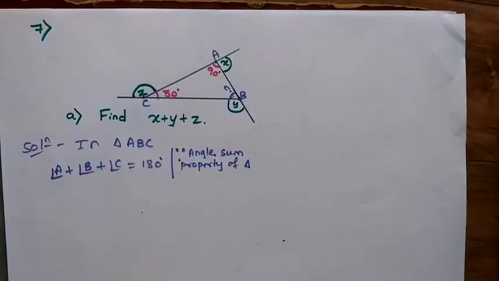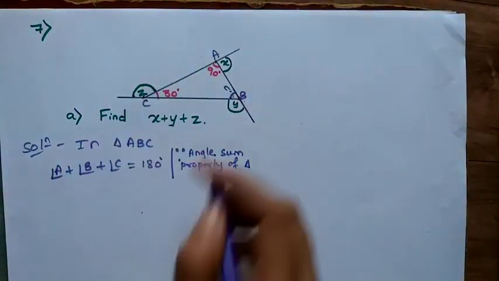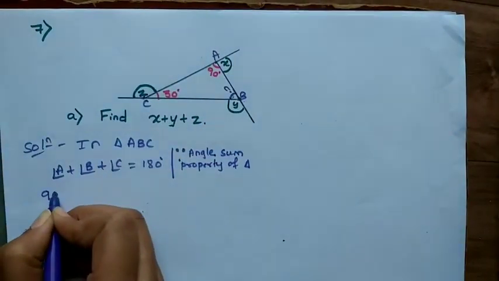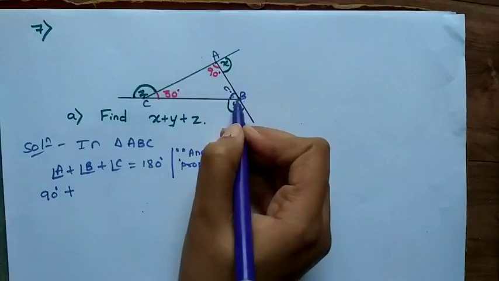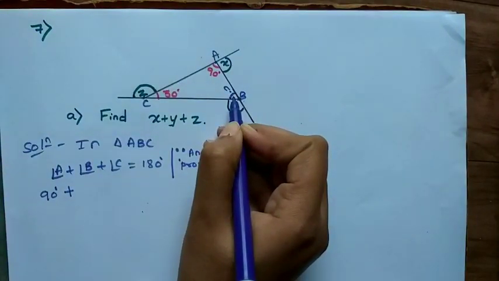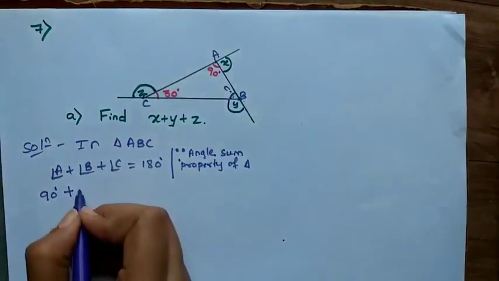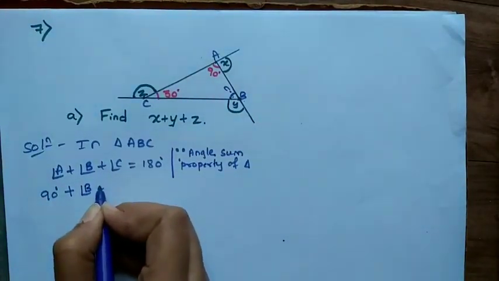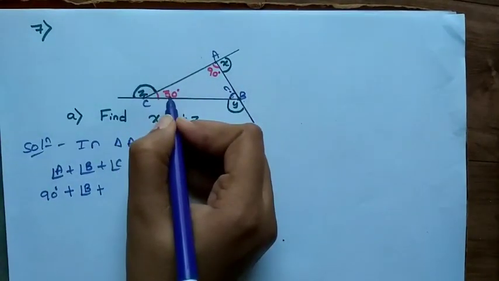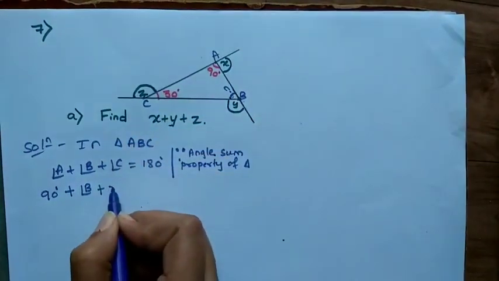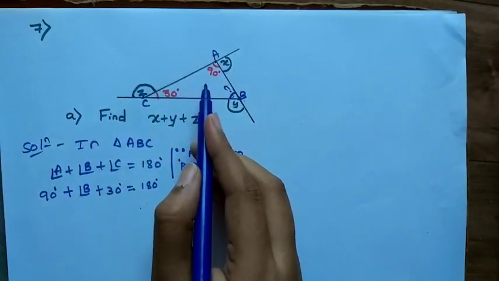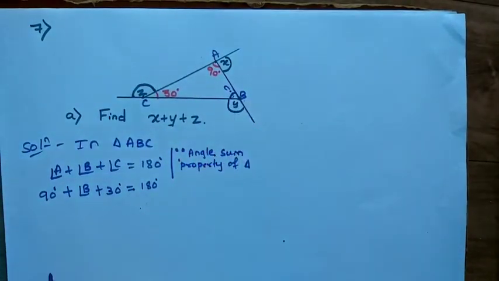Angle A is 90 degree, so 90 degree plus angle B. They have not given angle B, we have to find it, so keep angle B as it is. Plus angle C, which is 30 degree, is equal to 180 degree.